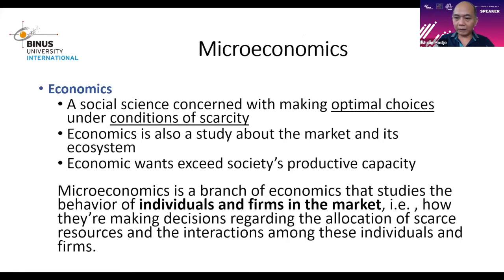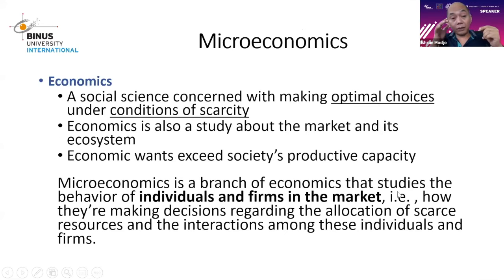Okay, so the other thing about economics, before we turn to microeconomics, is there are two big objects of this subject. First is the markets, and the second is the ecosystems. I'm going to explain about the market, which is one of the very vital objects of economics.